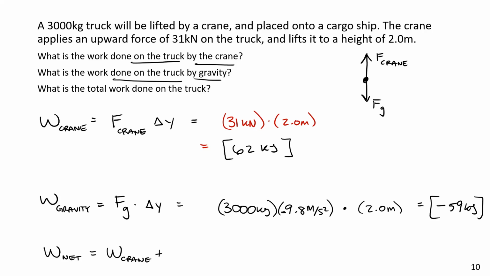Crane, gravity. 62 minus 59. So our net work done is 3 kilojoules.